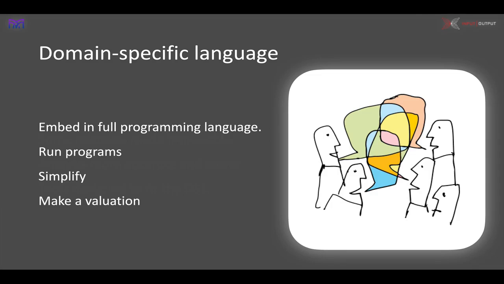And also, rather than running a contract, we can think of trying to make a valuation of a contract. Because we've got a language here, expressing our contracts in this high-level way, we can do other things than simply run them.